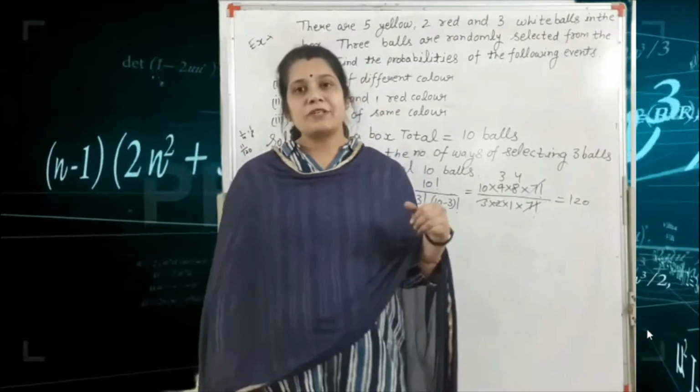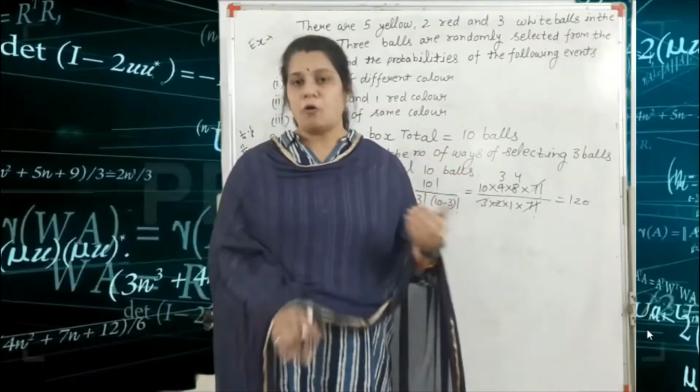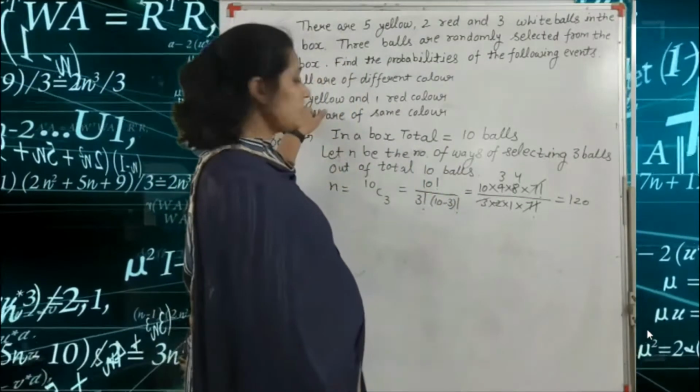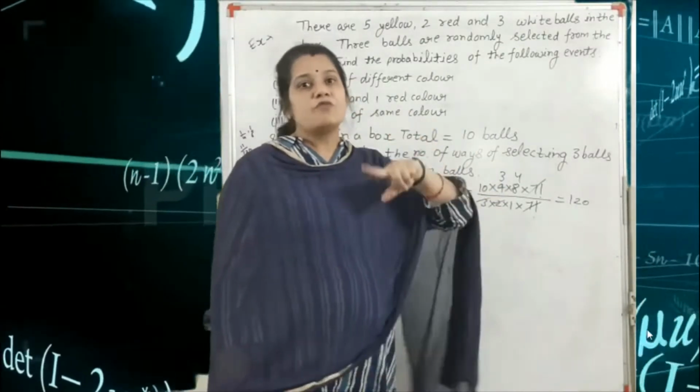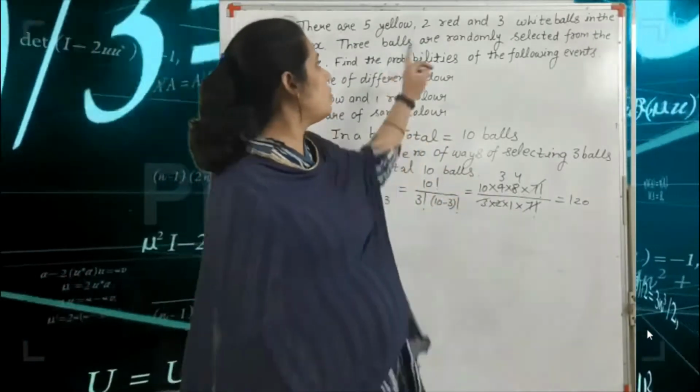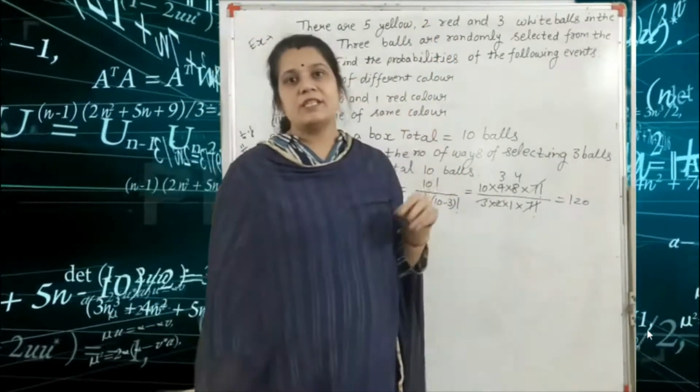So first we find the total possible outcomes. Number 1, next is all are of different color. That means one ball is white, one ball is red and one ball is yellow.